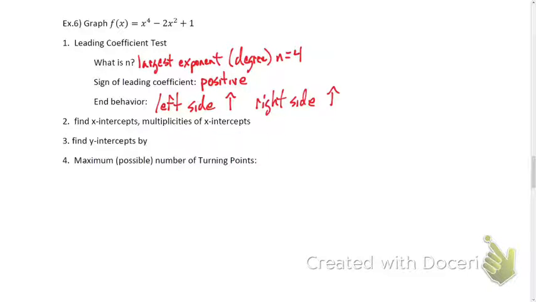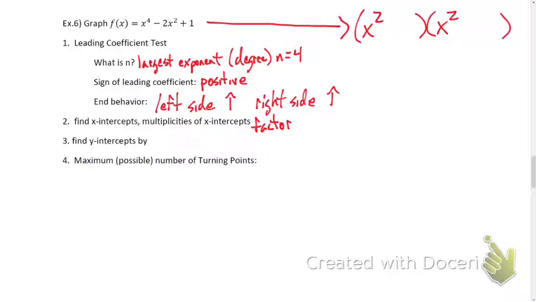For x-intercepts, I need to factor or solve for x. So I take this equation right here, and I start factoring it. It looks kind of weird because it has x to the 4th, but remember, x squared times x squared gives me x to the 4th.